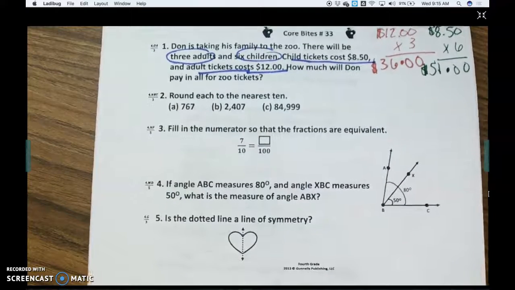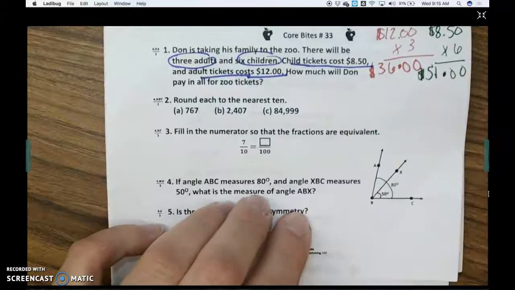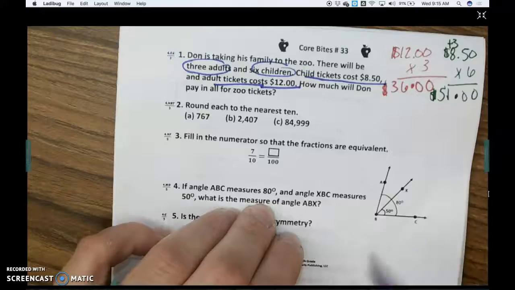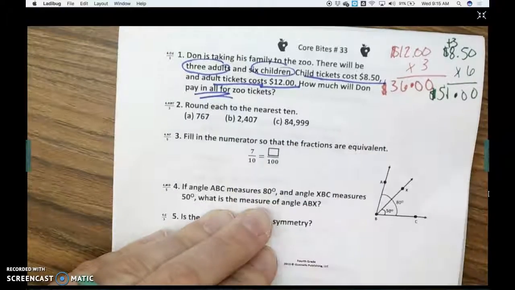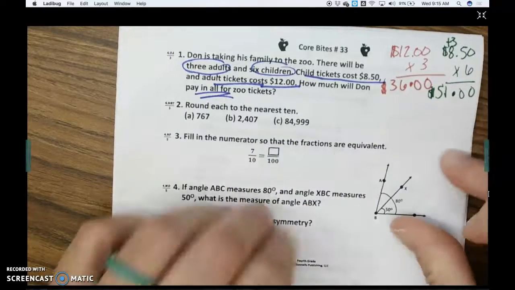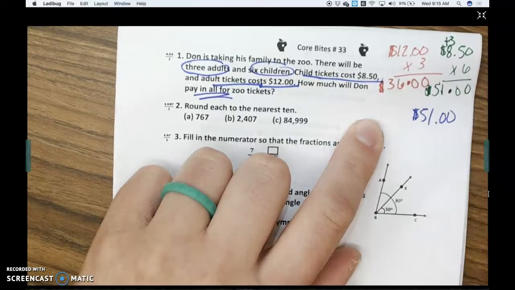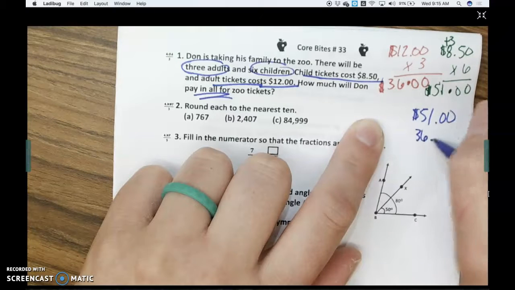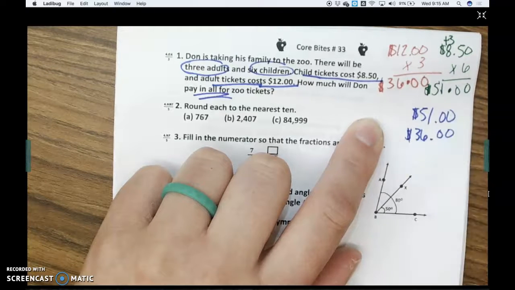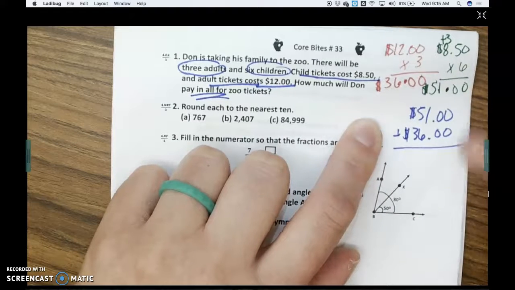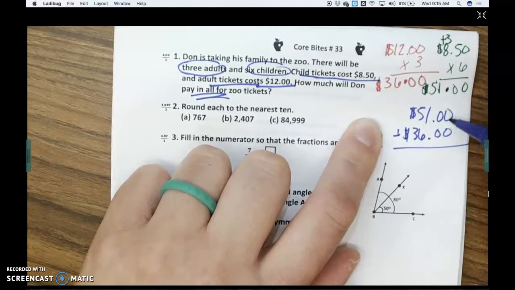But you're not done. You have to add them together to find your total, all that you're going to have to pay. Okay? So you're going to do $51. Then you're going to do $36, lining up the decimals, lining up the dollar signs. You're going to add it together. Okay? So 0 plus 0 is 0. 0 plus 0 is 0.